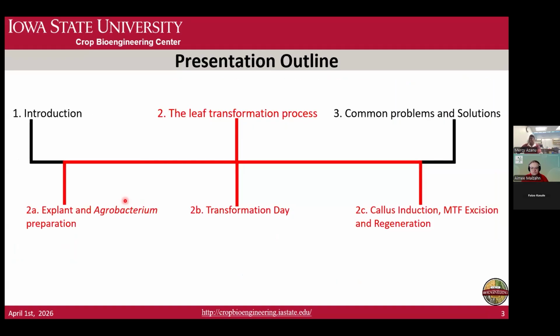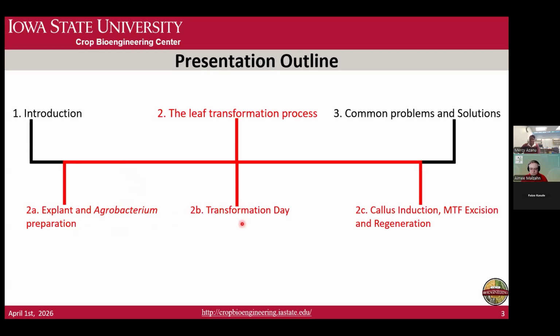For today's presentation, we have a few slides which we will use to capture everything that we do for the leaf transformation. We have 3 major parts, of which part 2 is the major transformation. I'll give a brief introduction, and then part 2, which is the leaf transformation protocol. We have the explant and Agrobacterium preparation, which is all the preparations you do before the day of transformation.